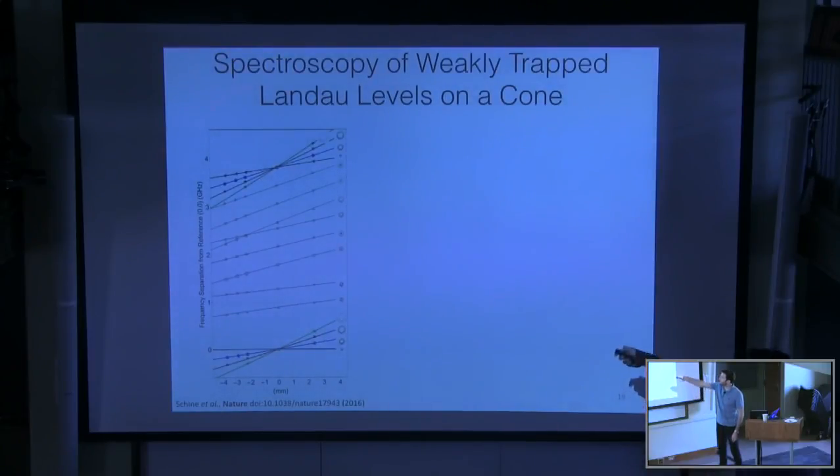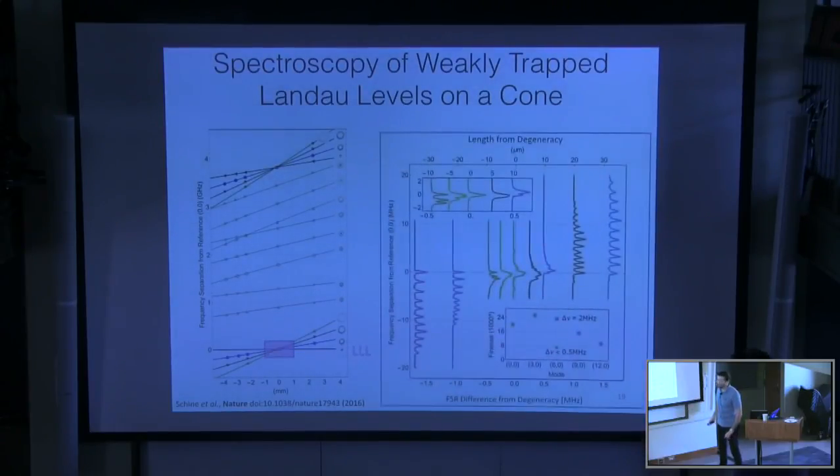And then we have all these other sets of modes that also come into degeneracy. If we zoom in here, I'm claiming that's our lowest Landau level. So you can look at these eigenstates, 0, 3, 6, 9, 12, 15, 18, 21, go quite a ways up, and they all come into degeneracy to within about 1 megahertz as you tune through the length where they become degenerate.